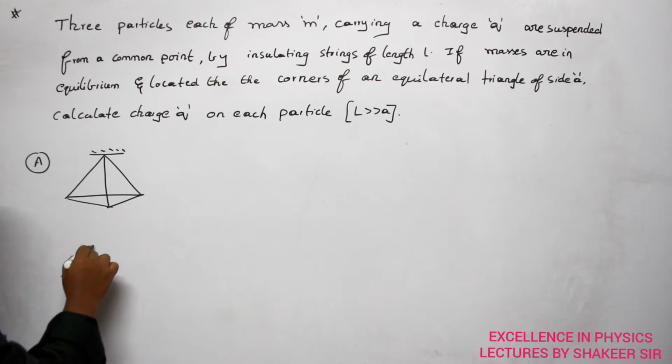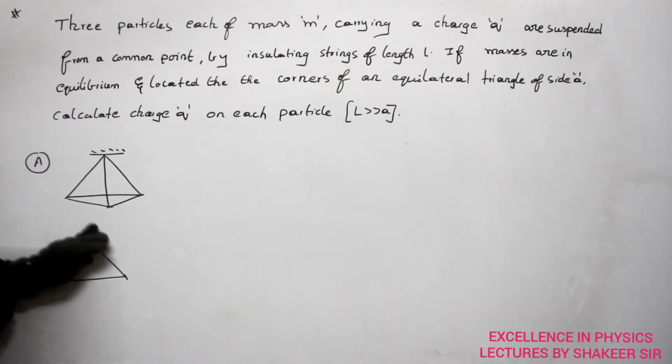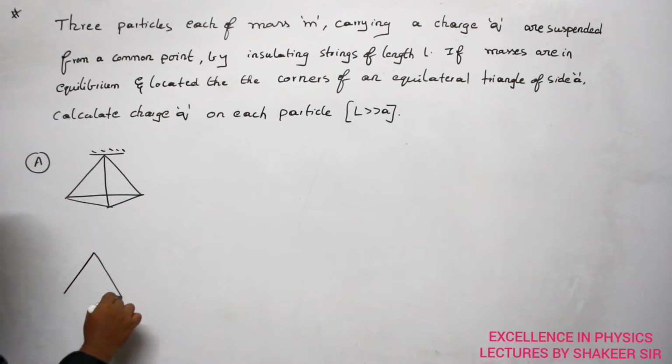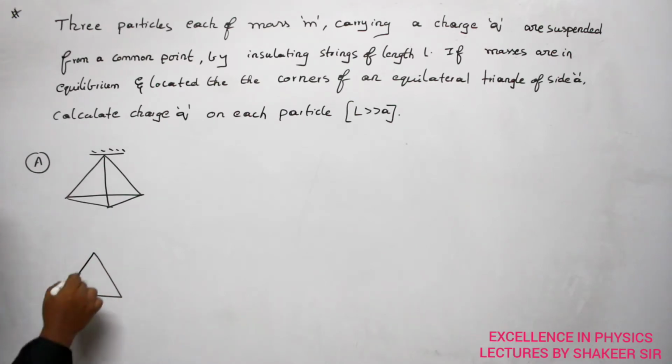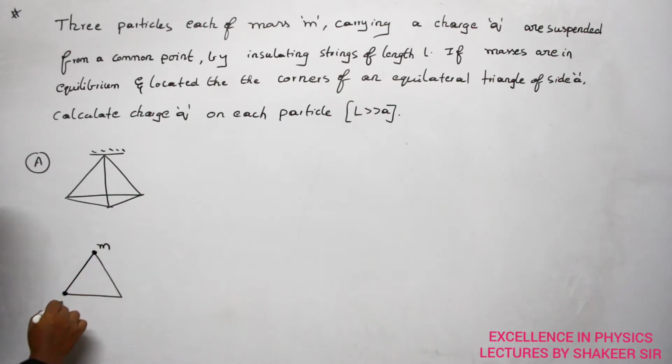For example, this is the arrangement of these particles. Particles are arranged at the corners of an equilateral triangle. So this is one mass m, this is another mass m, and this is another mass m. Are you able to understand?